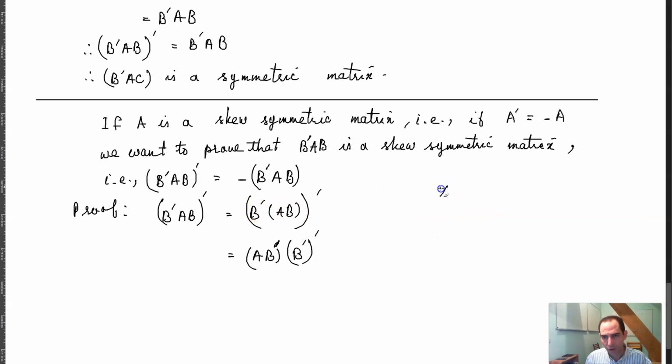Because (x times y) whole prime is equal to y prime times x prime. Now, again, based on the same thing, B prime whole prime is equal to B.